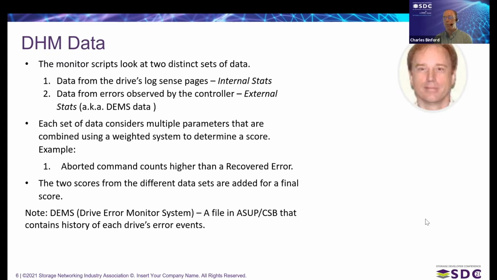And each of those has a different weight. So an aborted command counts higher than a recovered error because that's a more severe error. Drives are expected to have recovered errors every now and then, just not too many. The whole goal here is to find the drives that are most likely to fail in the near future.